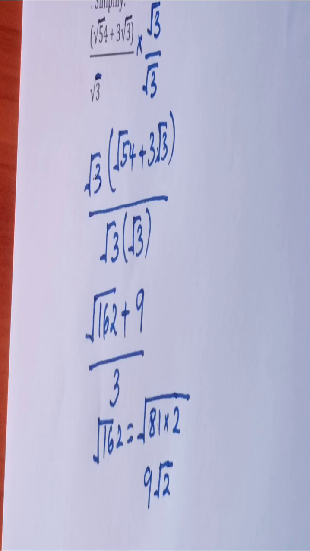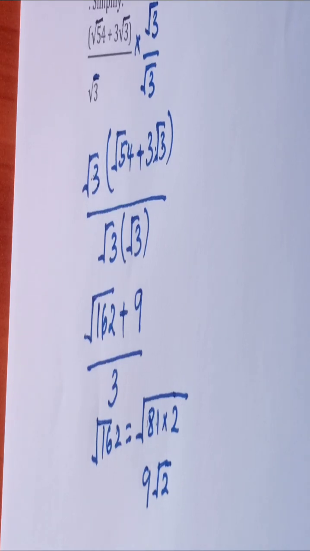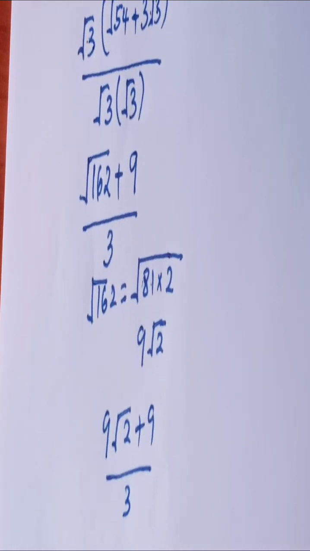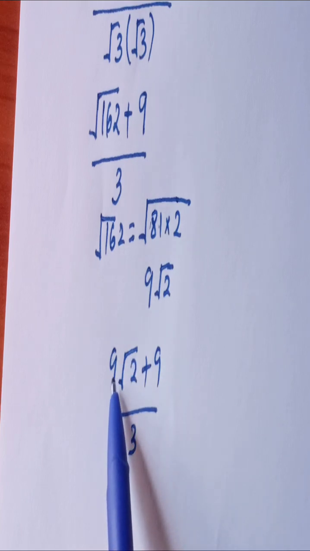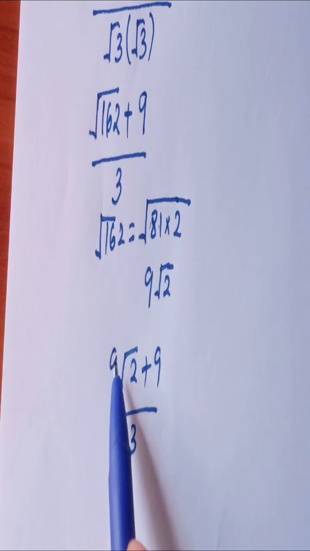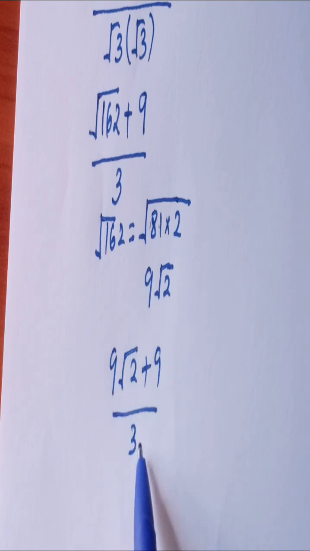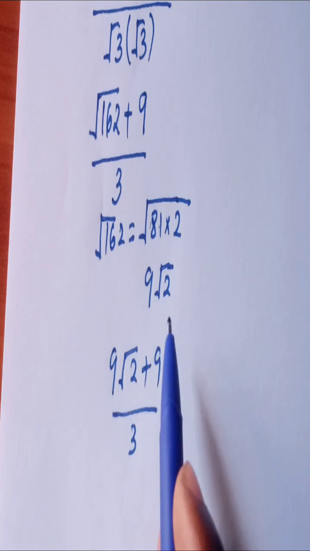Now we have 9 root 2 plus 9, over 3. We can simplify this further: 3 goes into 9 three times, and it also goes into 9 three times.